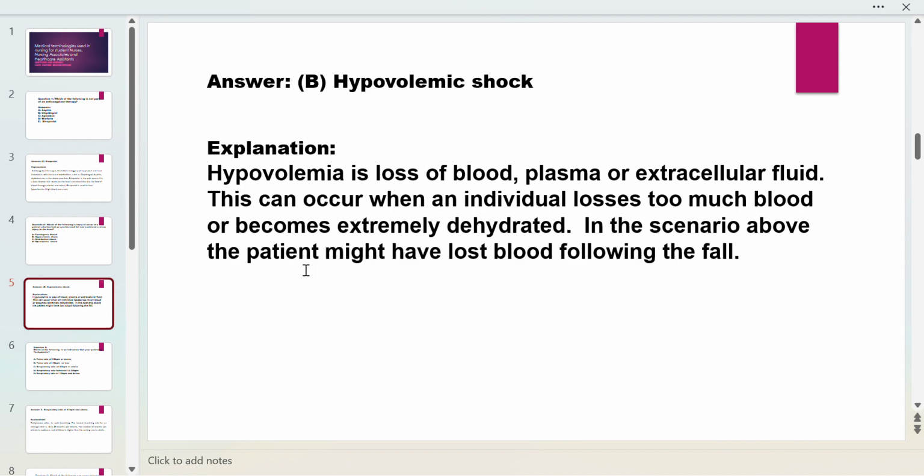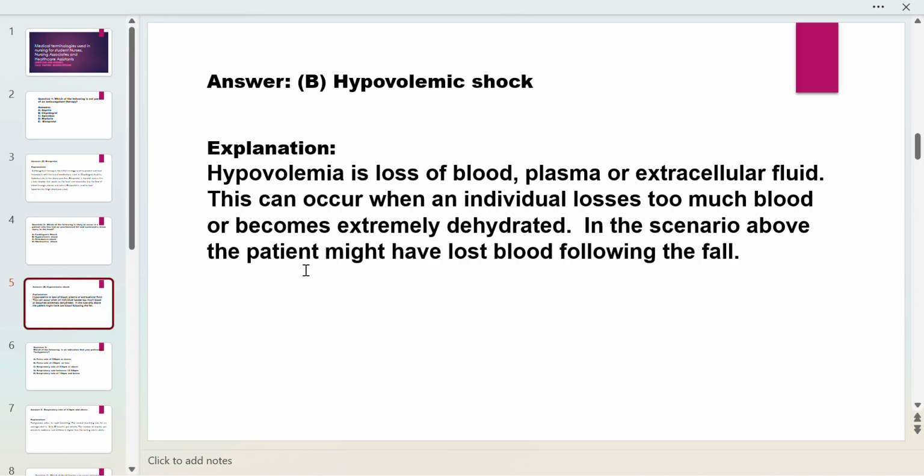Also, here it is saying hypovolemia, and we know hypovolemia could be loss of fluid if you've taken diuretics, things like furosemide, and you're losing too much fluid. You can have hypovolemia if you've fallen and you've lost circulatory blood.